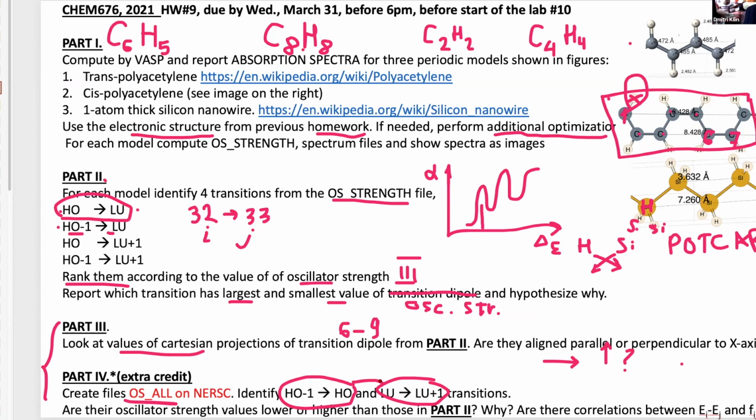These transitions will not be seen in regular absorption, but if later on you explore emission, they may contribute. And there will be an interesting observation that such transitions are typically much more efficient. Their oscillator strengths, like if here the oscillator strength is around 1, here it will be around 100. So you may just meditate about it and report your observations.